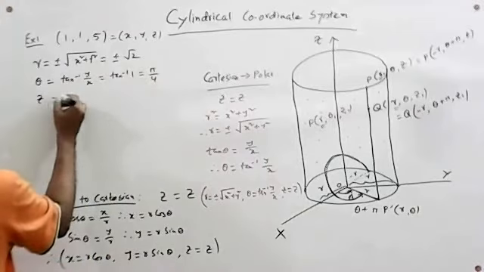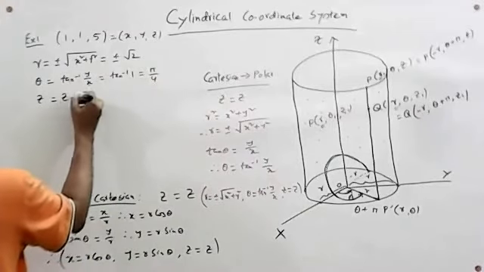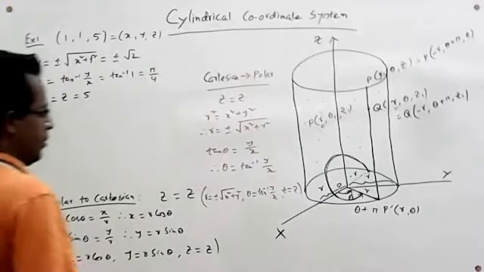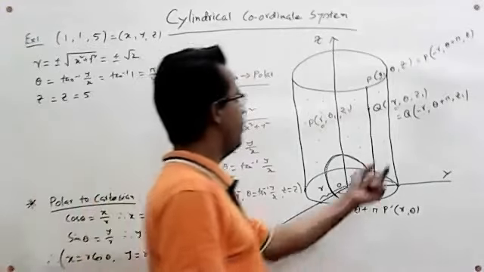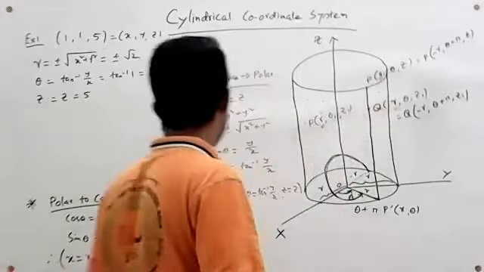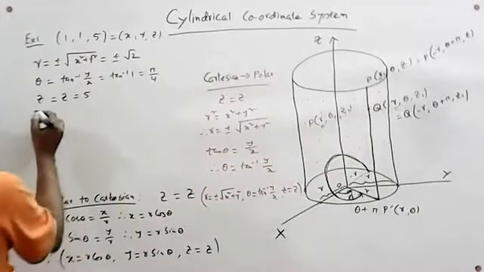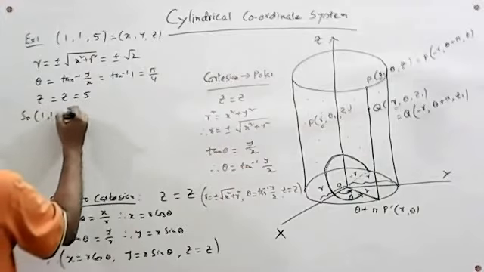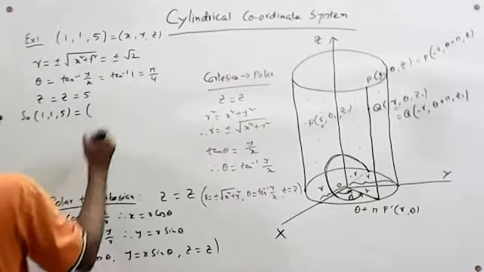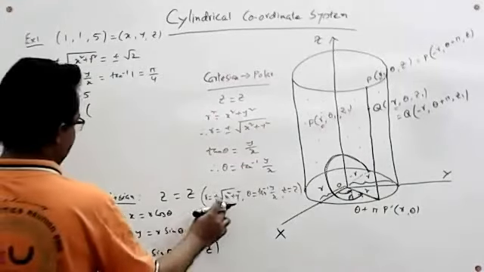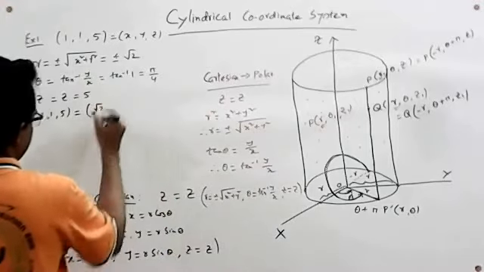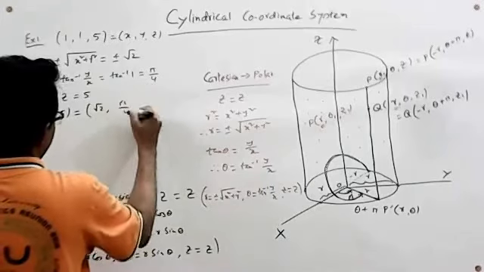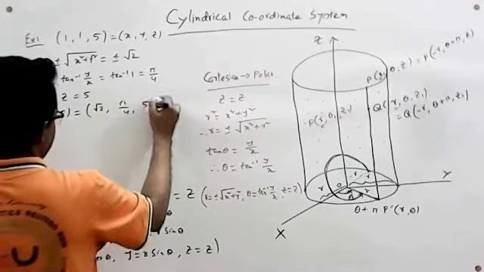And z is 5. Therefore, for the point (1, 1, 5), in the polar coordinate system, r is root 2, theta is pi by 4, and finally z is 5.